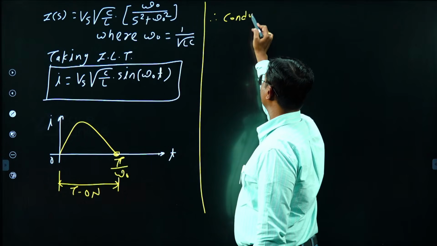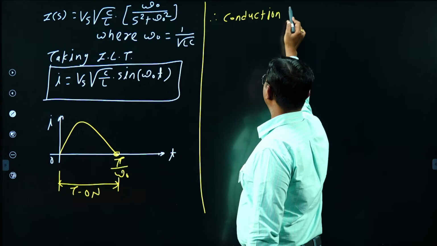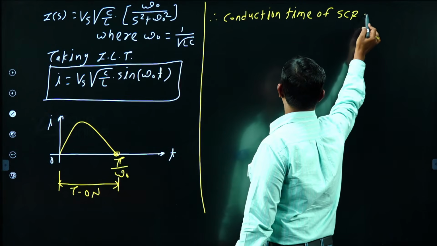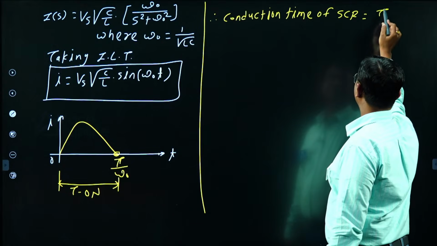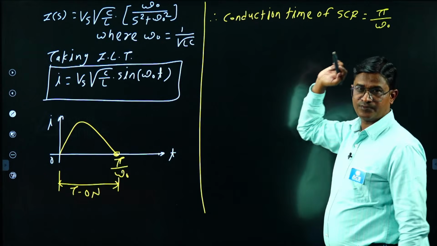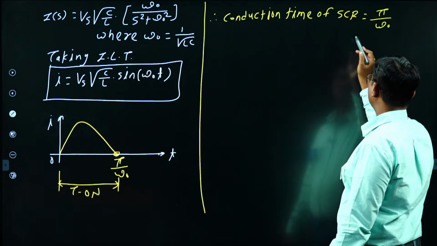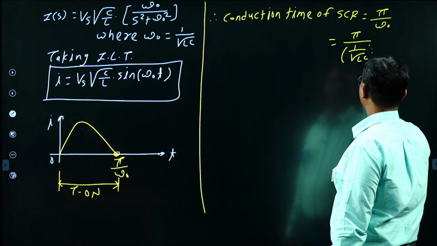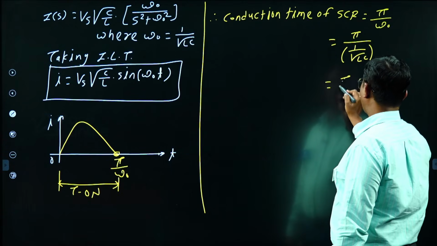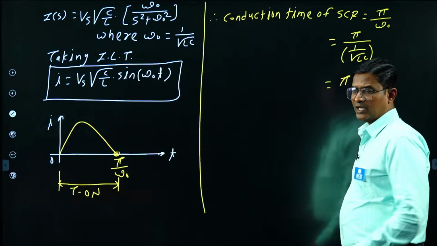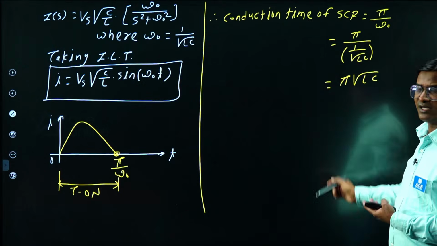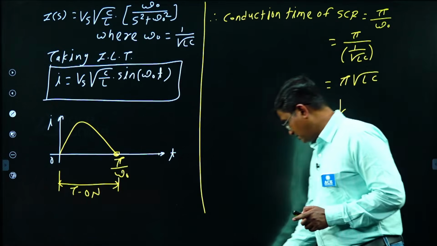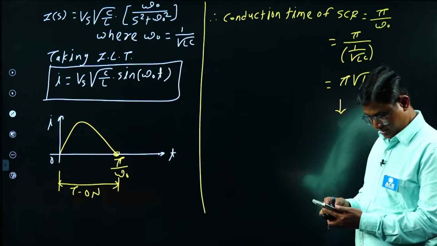Therefore, conduction time of SCR equal to pi by omega 0, but omega 0 is 1 by root LC, so that is nothing but pi upon 1 by root LC. So I can write it as pi into root LC. Now L and C values they have given, you can simply put here and get the answer. Please understand, this is one important question.